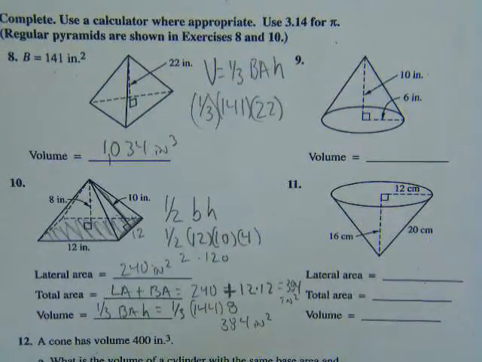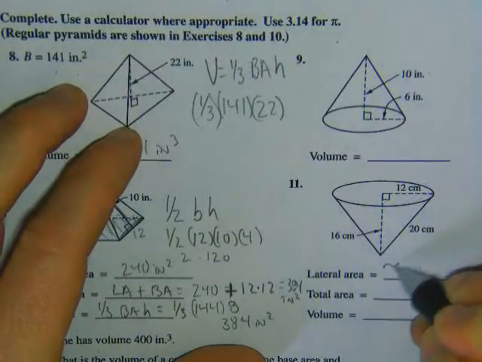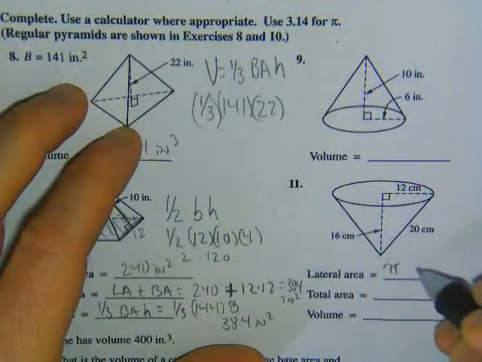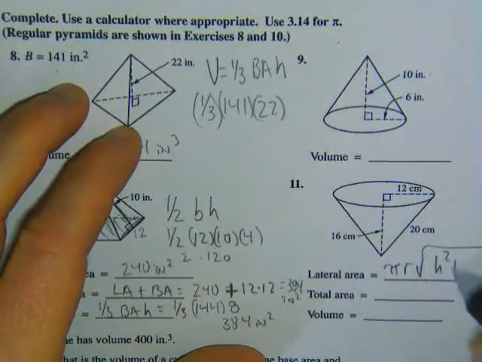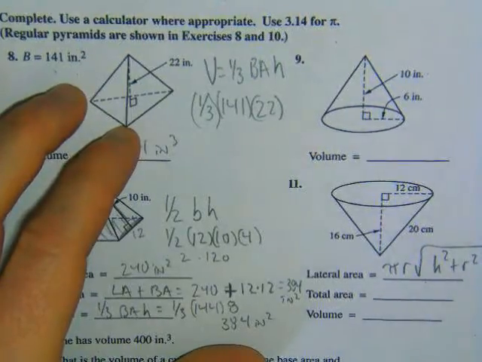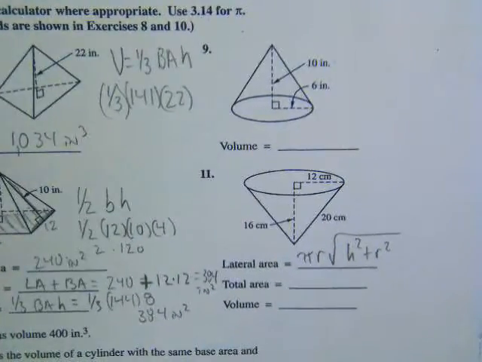Alright, so lateral area of a cone is something I had to Google. There's no shame in that. I don't know how much we're going to do with it, but let me put it in. It is pi r times the square root of h squared plus r squared. And it's just plug and chug.